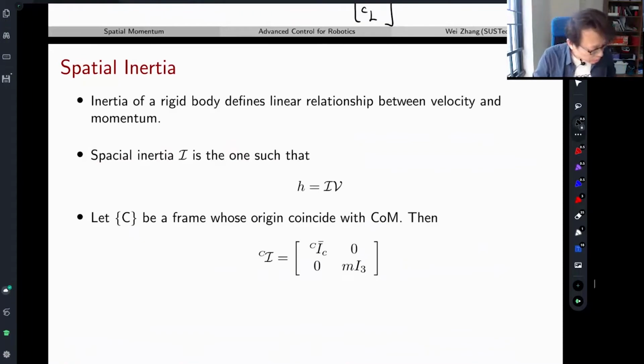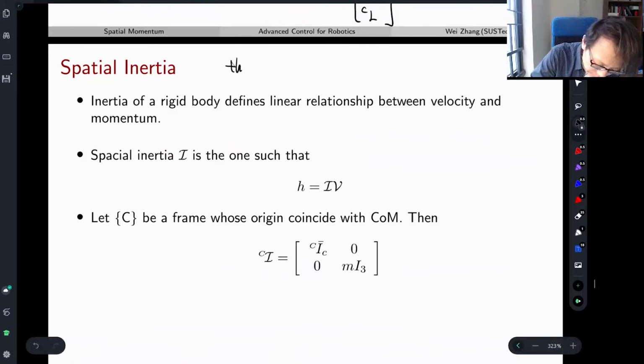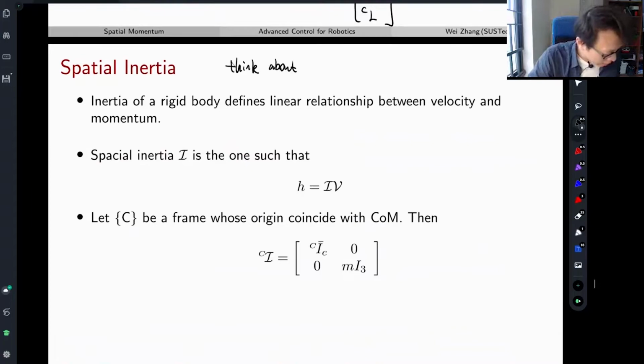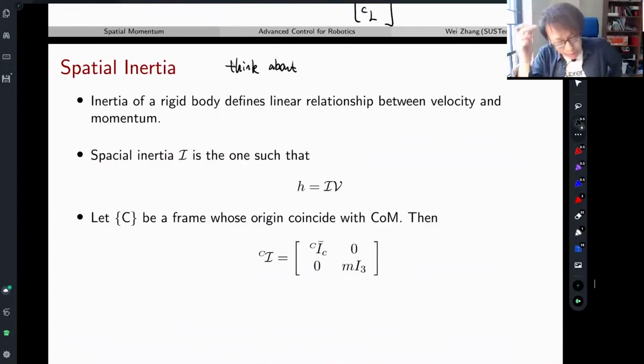Okay, I want you to think about this. You can think about inertia as a matrix. In our case, it can be called a tensor, but let's just think about that as a matrix.